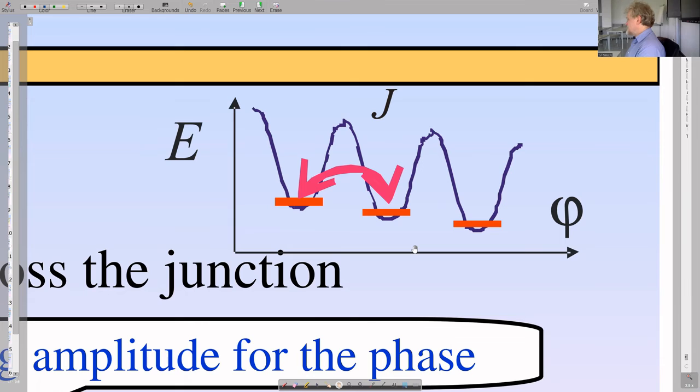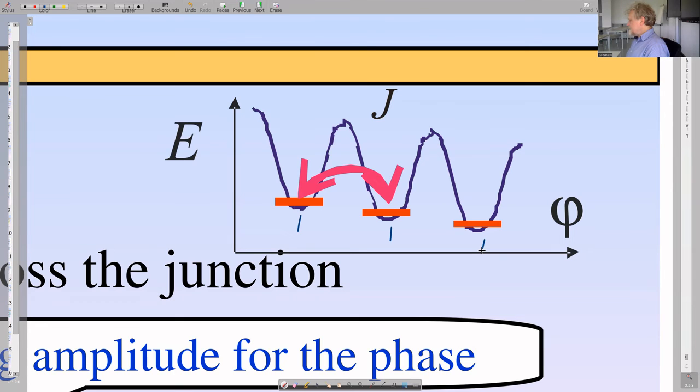If the current is smaller than the critical one, the Josephson junction can be trapped in different potential wells of Josephson energy. Fine. There's also some tunneling amplitude. The Josephson junction is a quantum system, so there is a macroscopic tunneling between the wells.